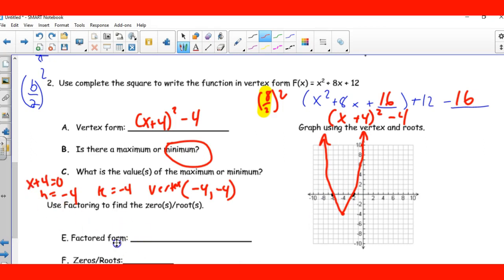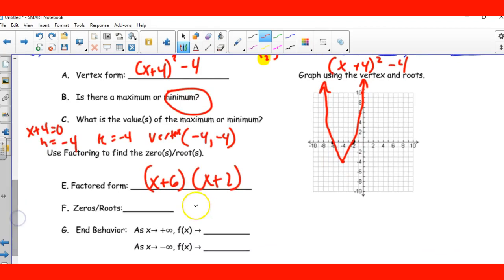Factor form. Factor form means we need to factor this. Again, two factors that multiply to give me 12 and add to give me 8 is going to be x plus 6, x plus 2. 6 times 2 is 12. 6 plus 2 is 8. So now we have to find the roots and zeros.